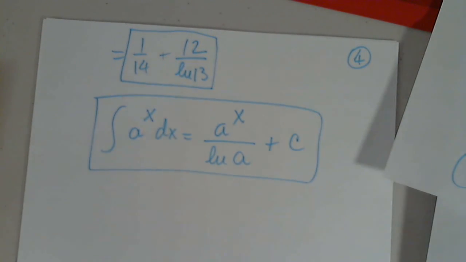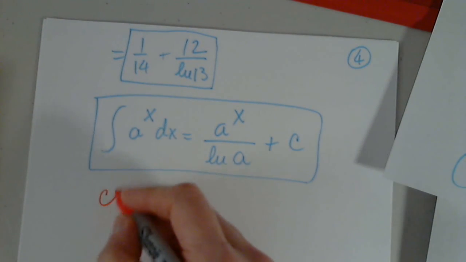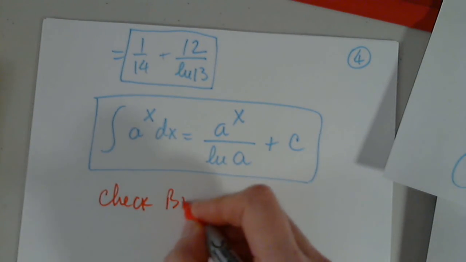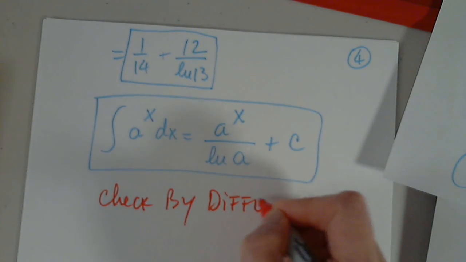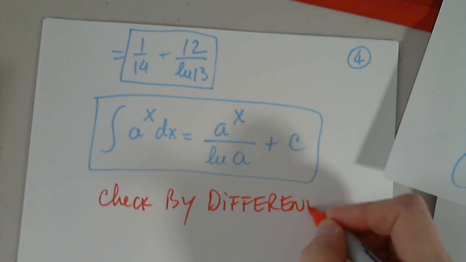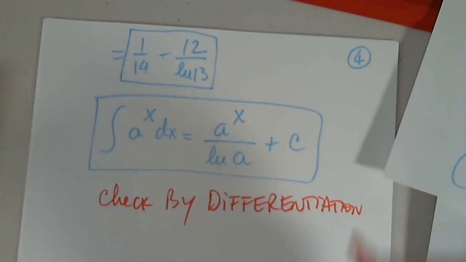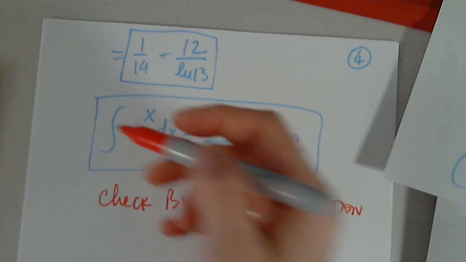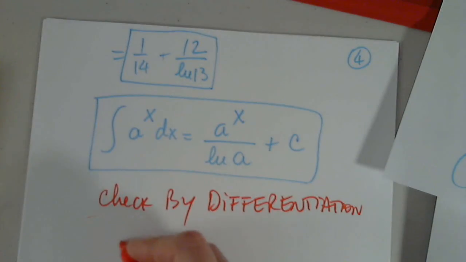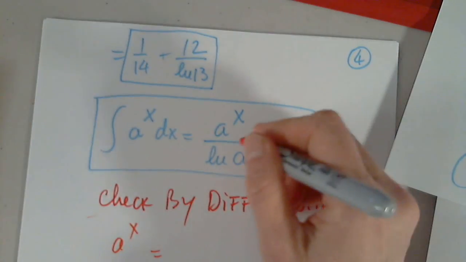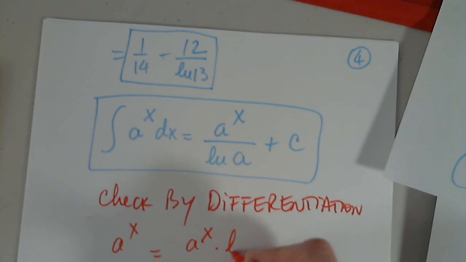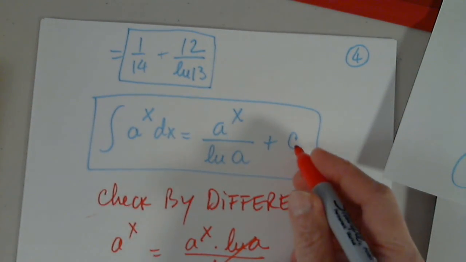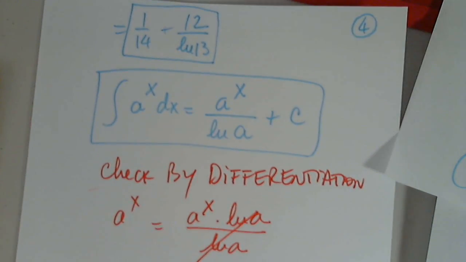And okay, we can check by differentiation. So when I differentiate this side, I get a to the x. When I differentiate this side, I get a to the x times natural log a divided by natural log a, goes away, and this is 0. And I get a to the x equals a to the x.